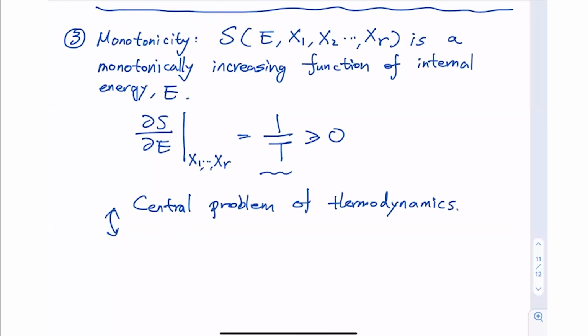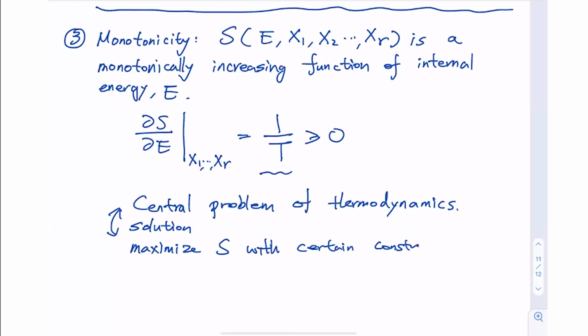And then we said the postulate is that the solution of the central problem of thermodynamics is actually something you can derive from the principle that you want to maximize the function entropy with certain constraints. And those constraints will depend on your physical problems. Okay.